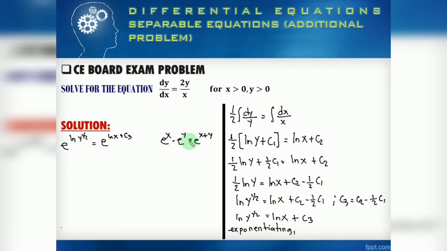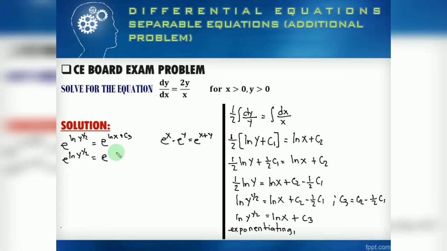So try to remember this property of exponentiation, which we will apply here. This then becomes e raised to the ln of y raised to the 1/2 equal to, take note, this is now the sum, e raised to the x plus y, so therefore we can say that this is just your e, this one.